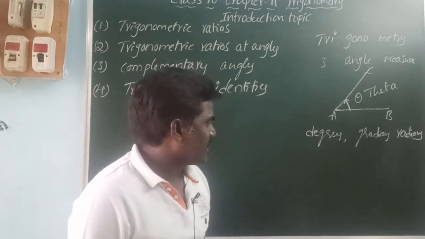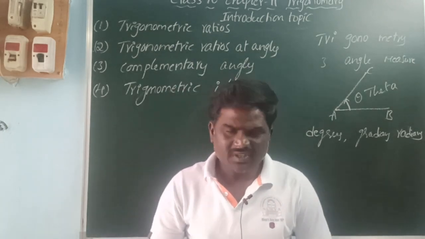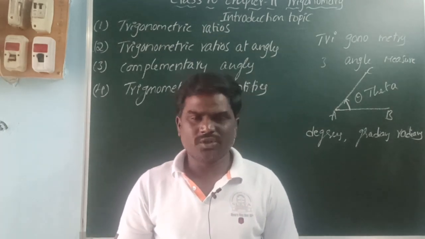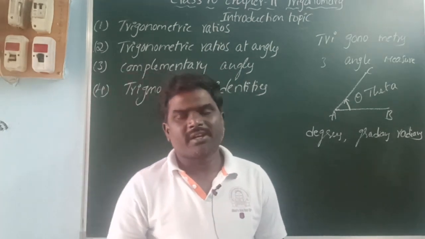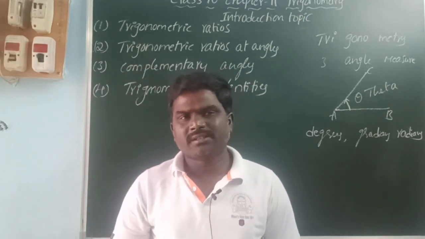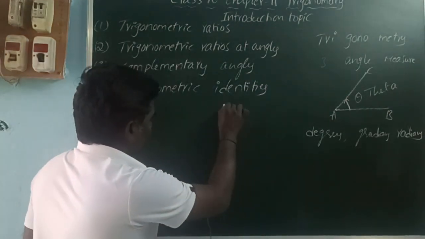So here, how many types of angles are there? There are 7 types. What are they? Zero angle, acute angle, right angle, obtuse angle, straight angle, reflex angle, complete angle.